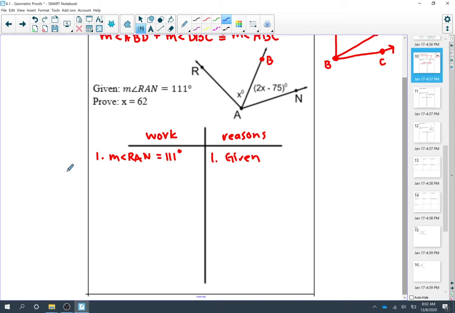So step 2, I'm going to say if I take the measure of angle RAB and I add it to the measure of angle BAN, then that is going to be equal to the measure of angle RAN.